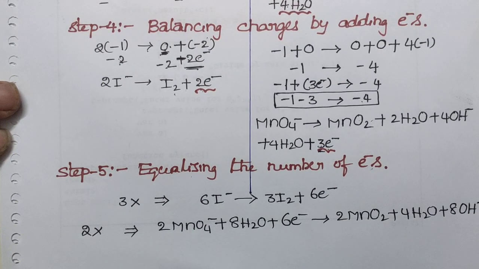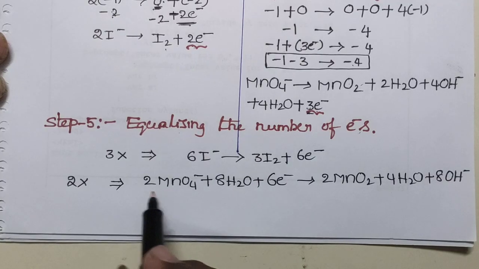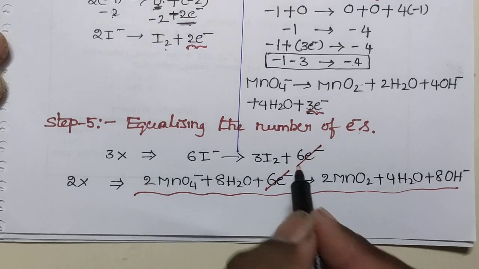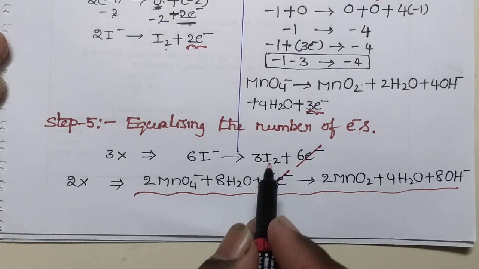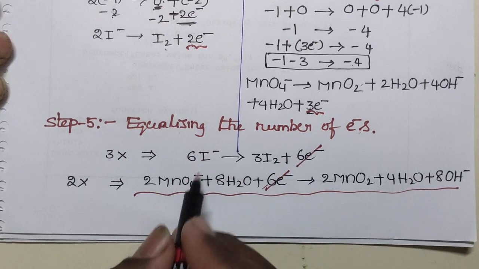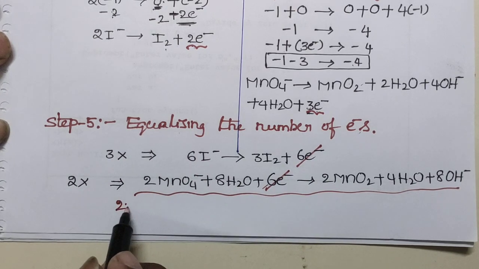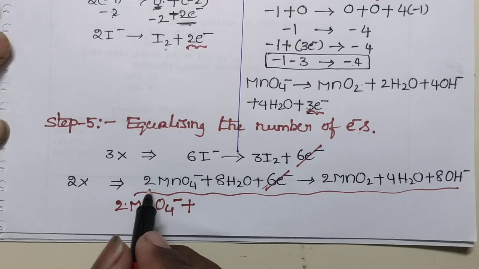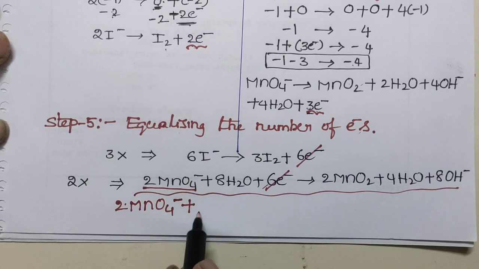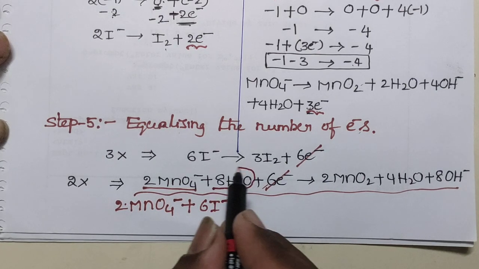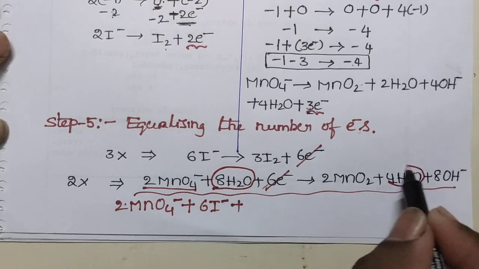Now adding these two equations, if we add these 2 equations, the 6 electrons are cancelled. So we write the remaining compounds, that is 2MnO4 minus plus 6I minus plus here we have 8H2O, on the right side 4H2O.